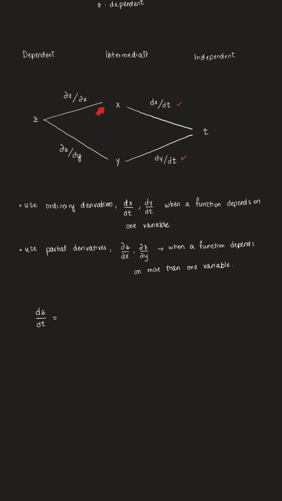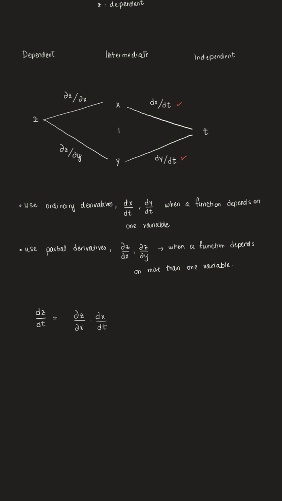And that's going to give us the change that z experiences with respect to t, but with x being our intermediate variable. And we're going to write that as partial derivative of z with respect to x times the derivative of x with respect to t. And this is an ordinary derivative because x only depends on t.